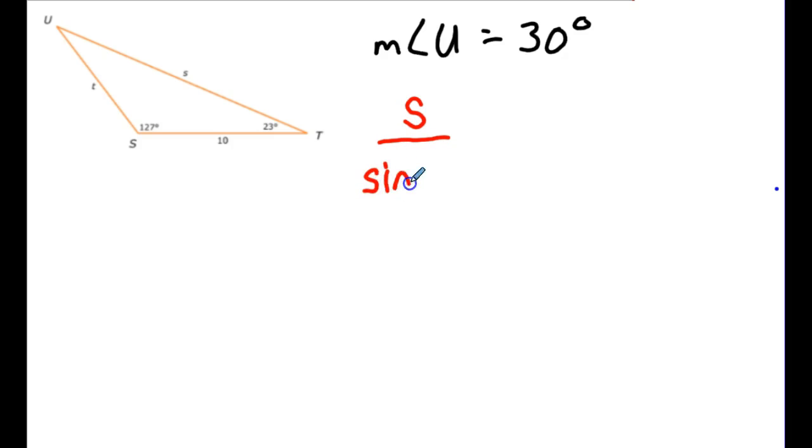So S divided by the sine of 127 will be equal to 10 divided by the sine of angle U we found is 30 degrees.